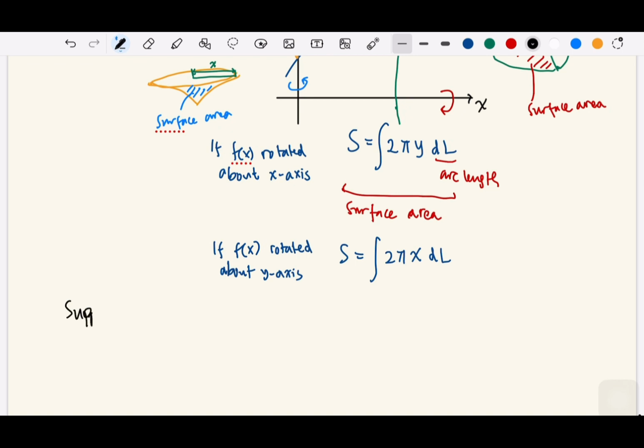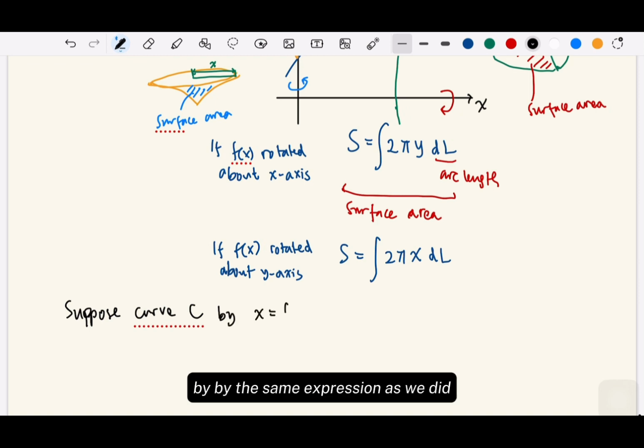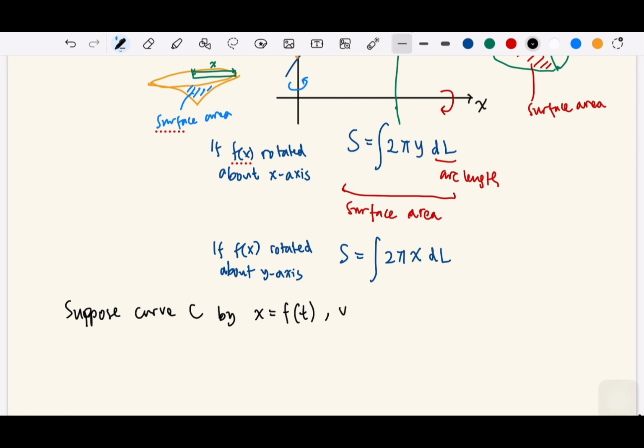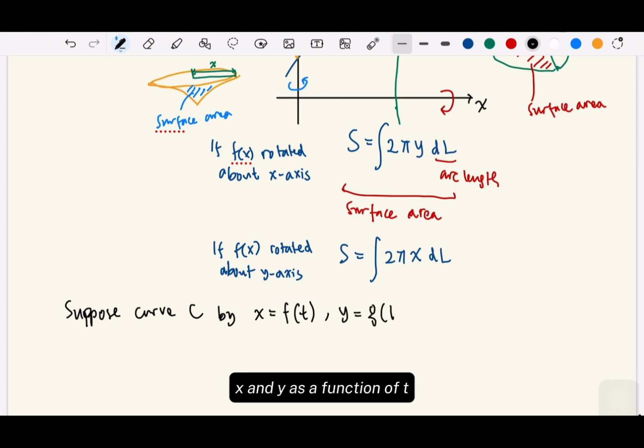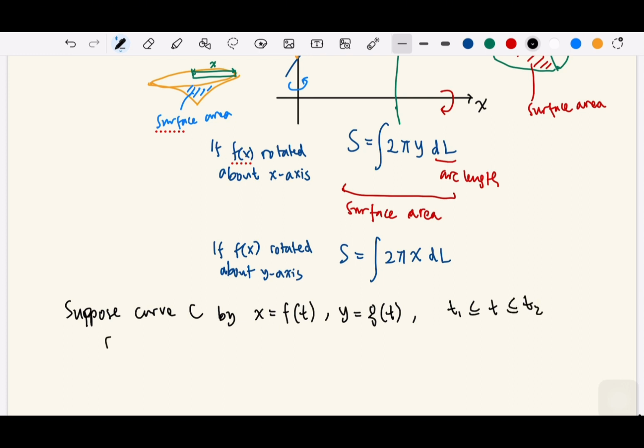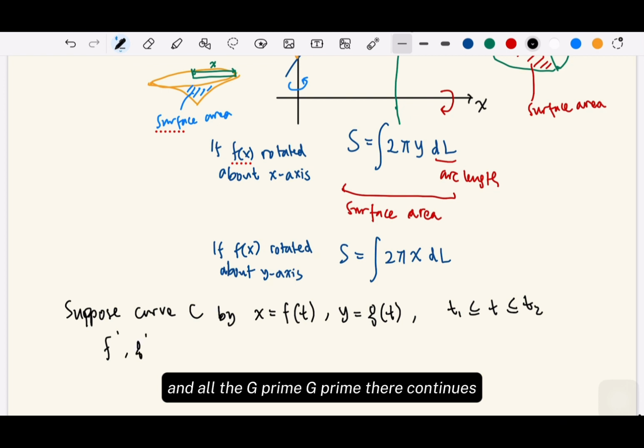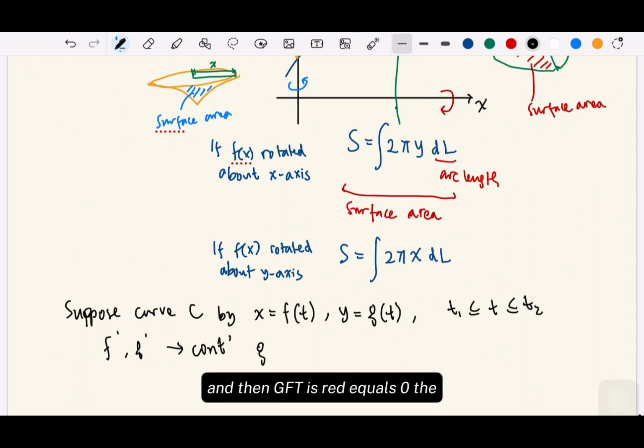So suppose curve C is given by the same expression as we did from the beginning of the parametric equations, x and y as functions of t, and let's say we have t1 until t2 as our interval, and the derivatives f prime and g prime are continuous, and g of t is greater than or equal to 0.